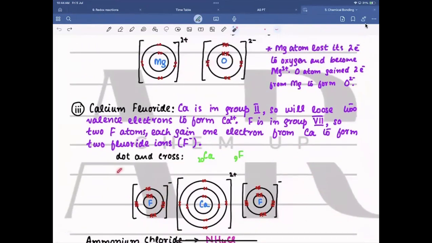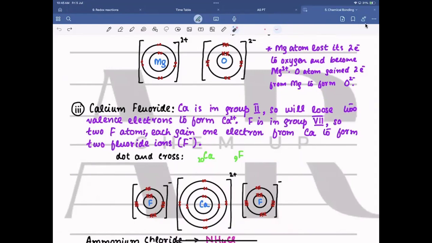Okay, so this is the dot and cross diagram for calcium fluoride. For example, if the examiner asks you to draw the electronic structure of the ions present in calcium fluoride, then you have to show only one calcium ion and one fluoride ion. I am repeating it. If the examiner asks you to show the electronic structure of the ions present in calcium fluoride, there are 2 types of ion present: one is a calcium ion and one is a fluoride ion, right?